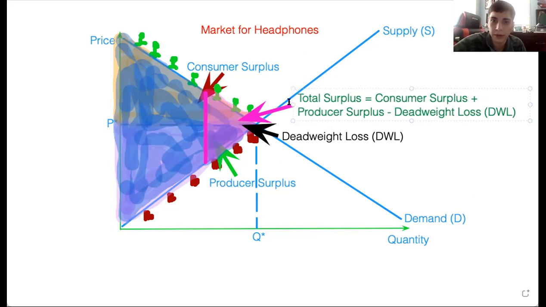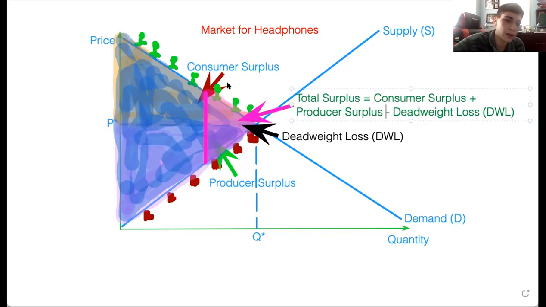Again, like I said, I will graph out one by hand. I've already kind of started on one of everything that we talked about here. I'll probably make it the market for headphones too, just to make it easy.